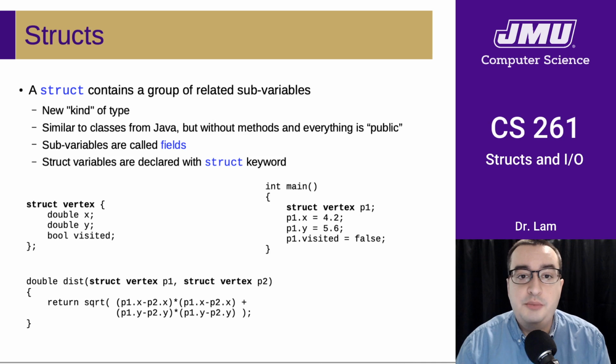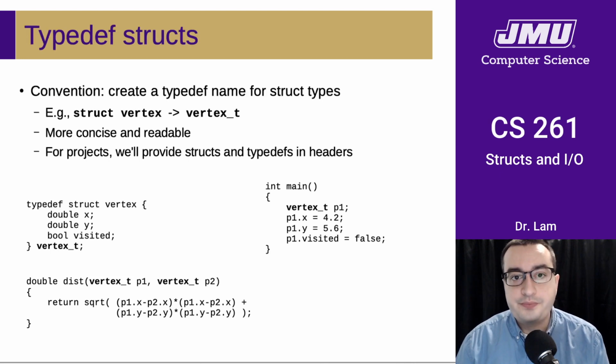And so here's an example of a function that takes 2 structs, 2 vertices, and calculates the distance between them. It does so using this formula here, where it takes the difference between the x component squared and y component squared and takes the square root. So basically it's the distance formula calculated using members of the vertex struct.